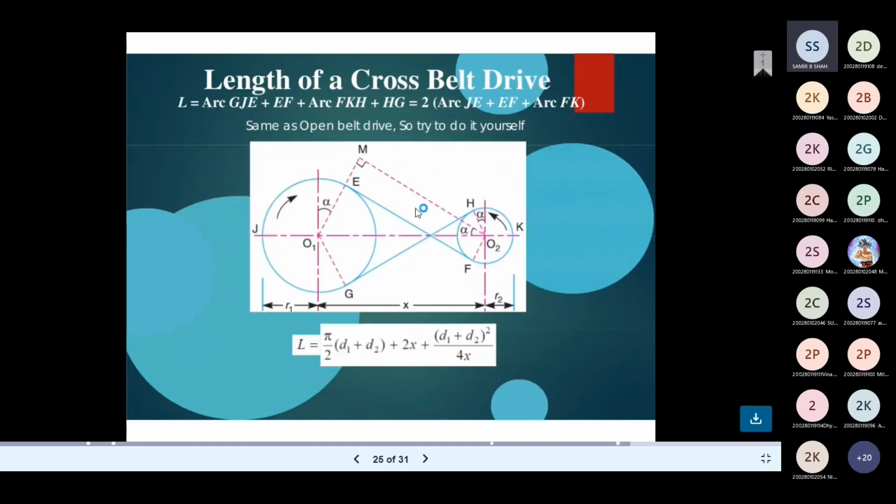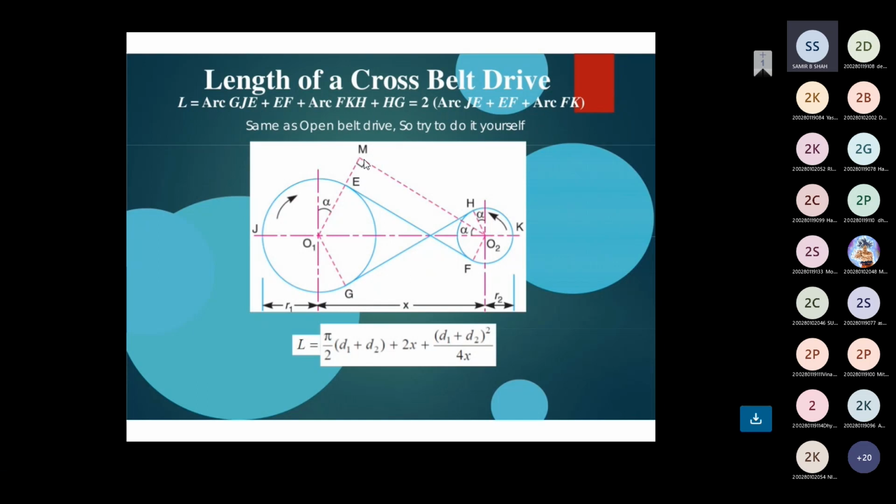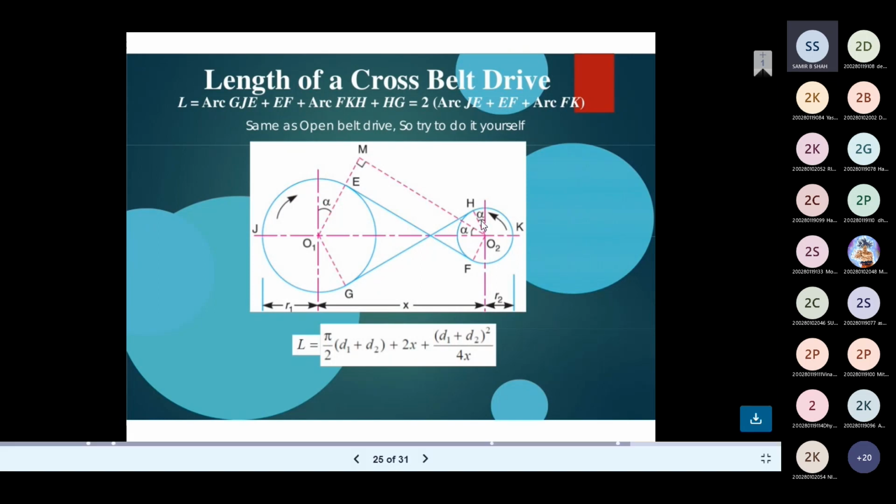So in place of center to inner portion, we put the length outside of the portion, which we consider as M. So at that time, here sine alpha is equal to O1M by O1O2. In the open belt drive, the point M is between O1 and E, so to find O1M it is minus.